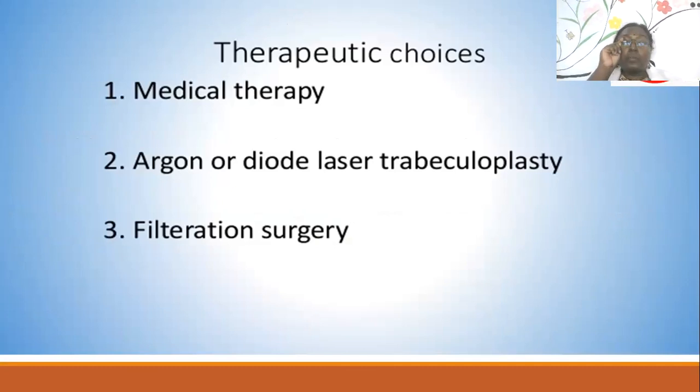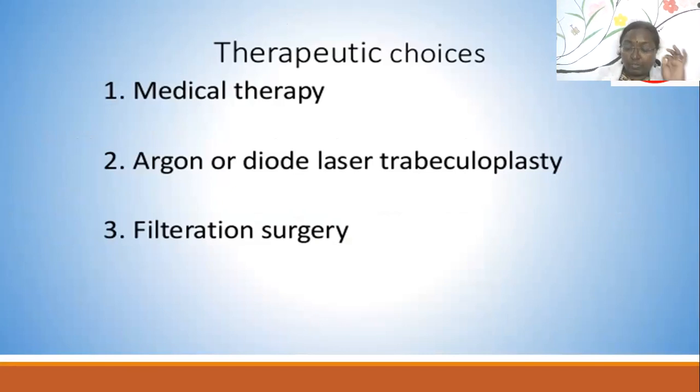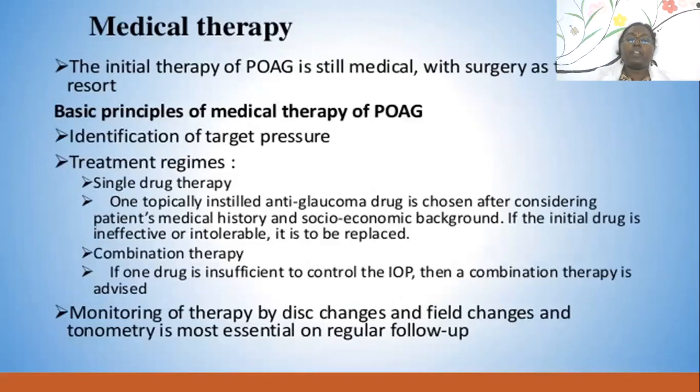laser treatment, and surgical treatment, that is, filtration surgery. The basic principle of medical treatment of POAG is to identify the target pressure, the pressure at which you reduce the progression of the glaucoma. That is a 25% reduction of the intraocular pressure.